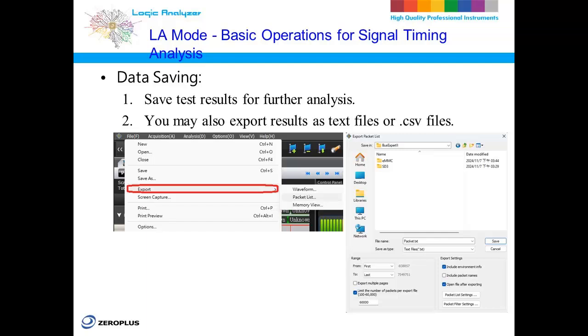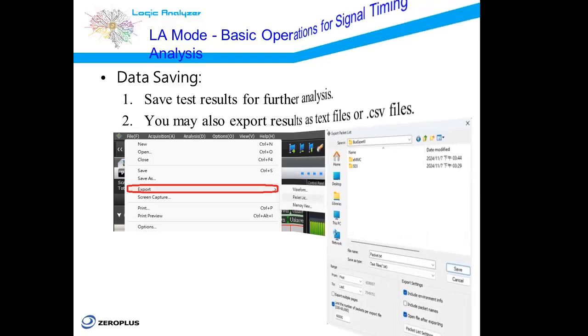If you choose to export as a text file, you can view the data in a text editor, or you can write custom analysis software for further processing. By performing these data-saving operations, you'll be able to better manage your test results and conduct subsequent analysis and sharing, helping to improve the efficiency of your testing work.